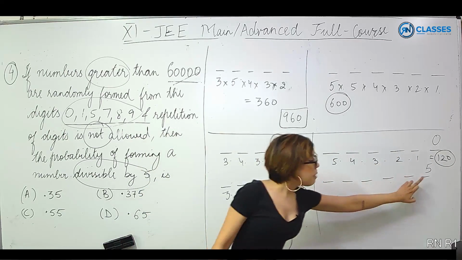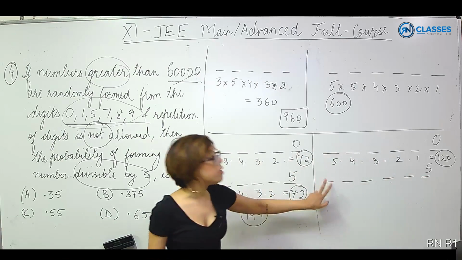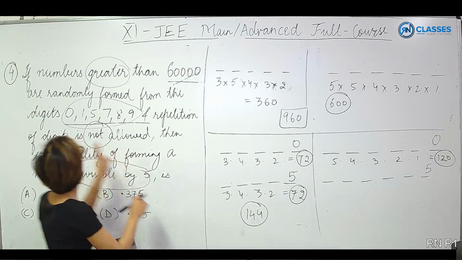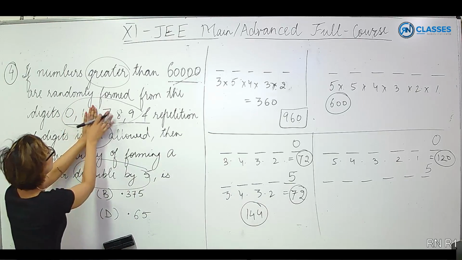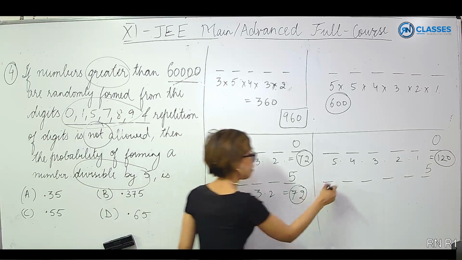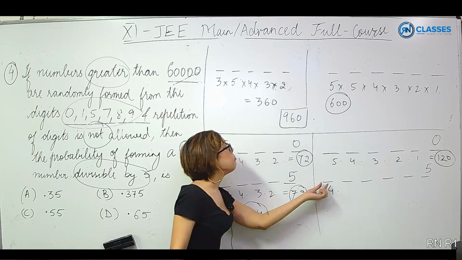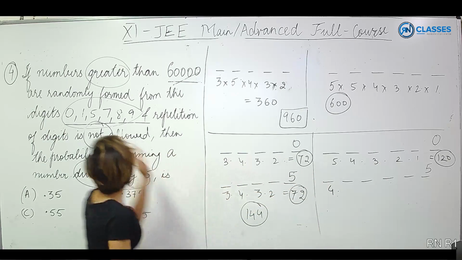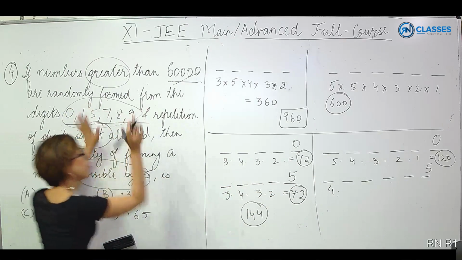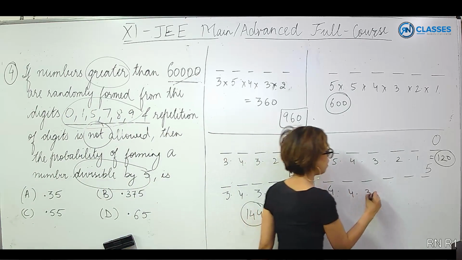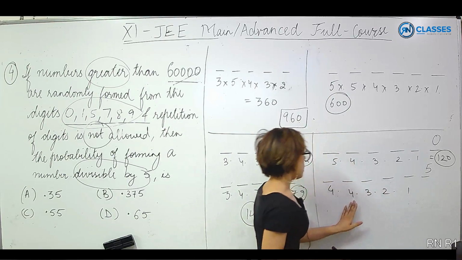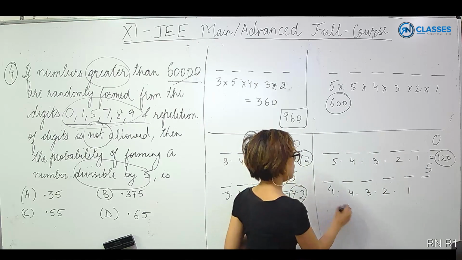Now, if 5 is at the unit place, I have to make sure 0 doesn't come up over here. So 5 is not there, 0 is not there, 1, 2, 3, 4, that is 4 possibilities. Suppose I have put in 1 over here, so 5 and 1 are exhausted, and again I have 4 possibilities. Then 3, 2, 1. So that is 24 into 4, that is 96.